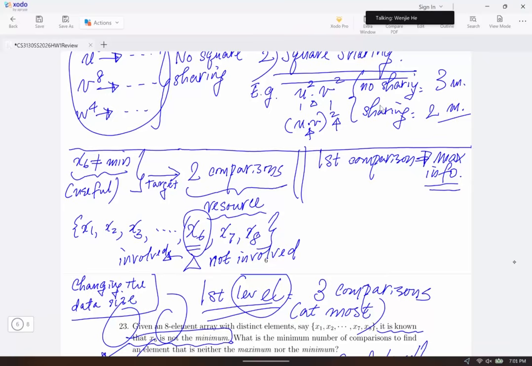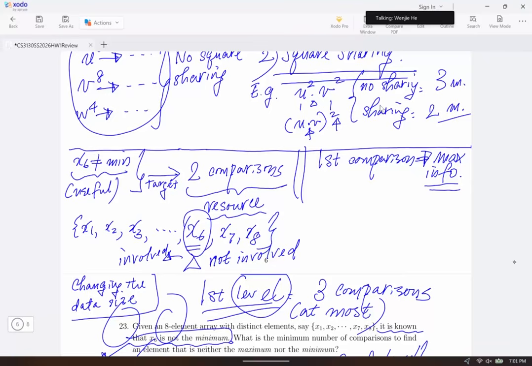We want to find out which way, the involved way or the non-involved way, would give us more information. That's the criteria to help us make our first decision: what comparison to choose as our first comparison. Without x6, we do one comparison.